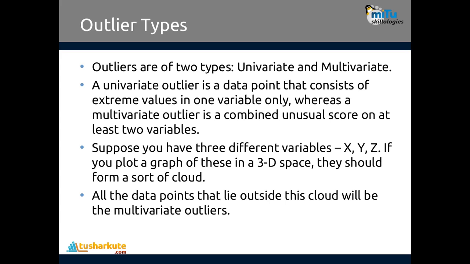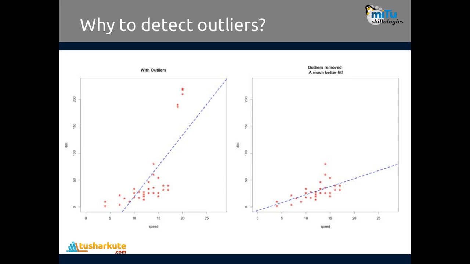Suppose you have three variables x, y, z. If you plot the graph of this in 3D space, they should form a sort of cloud. All the data points that lie outside of this cloud will be multivariate outliers. So try to find whether it's univariate or multivariate outliers.